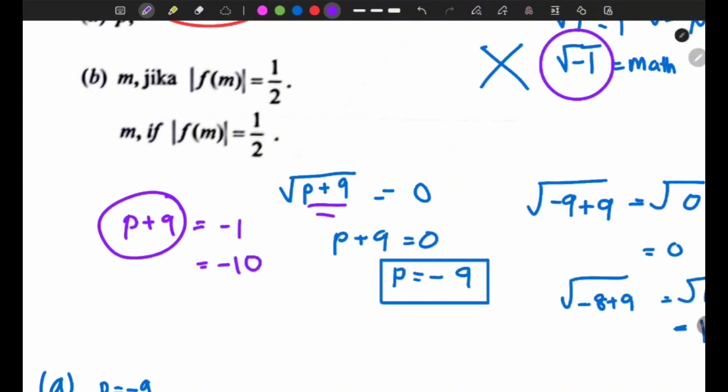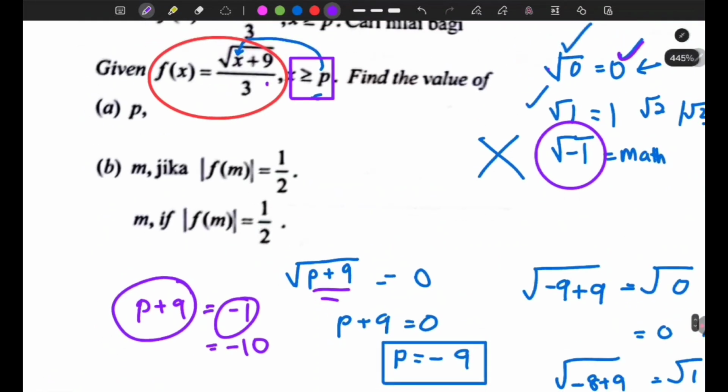So when negative 10, you plus 9, you get negative 1. So negative 1 will give you a math error. Then your equation cannot be solved, because they say x should be equal to or more than that.